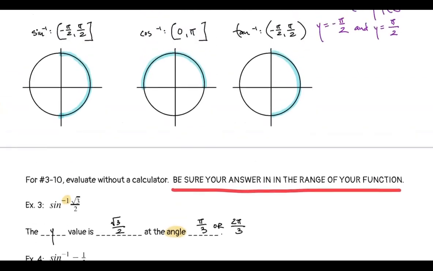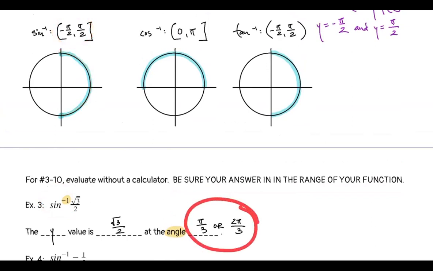So if we were to take a look back at these pictures, since I'm looking at inverse sine, I can only choose from values that are between negative pi over 2 and pi over 2. So which one of these answers is not on the right half of the unit circle? Great. 2 pi over 3 is over here, right?